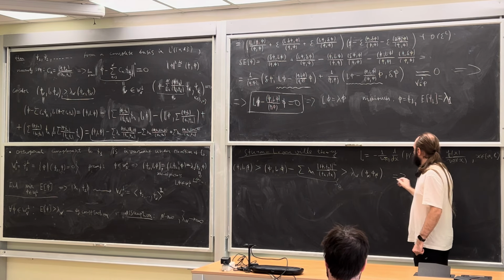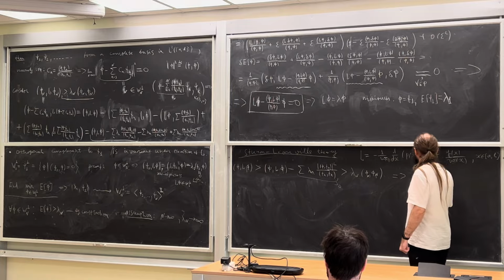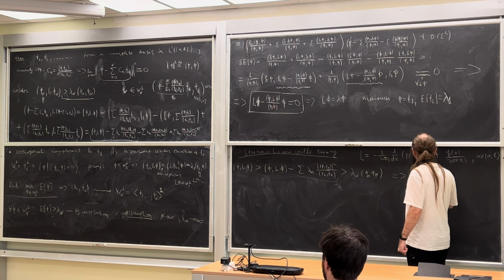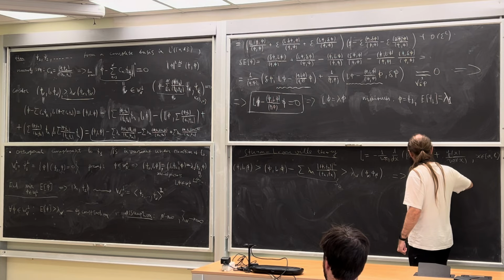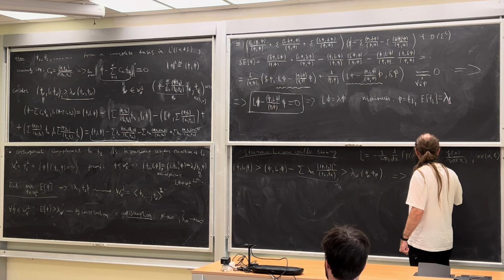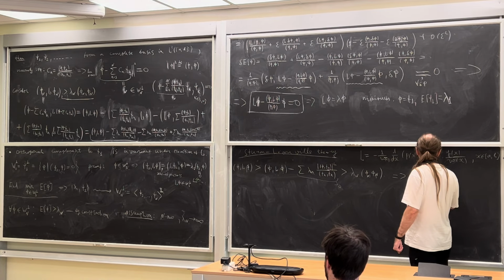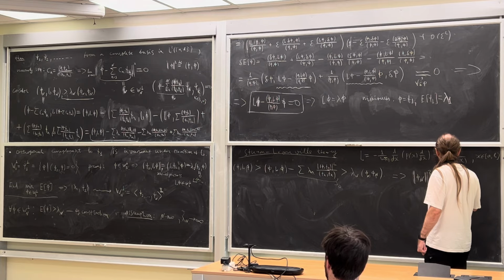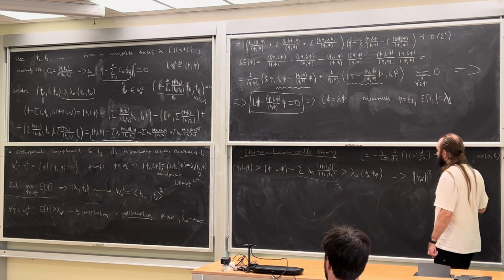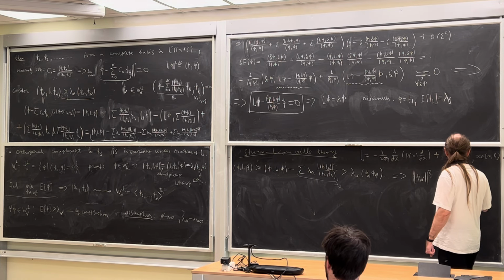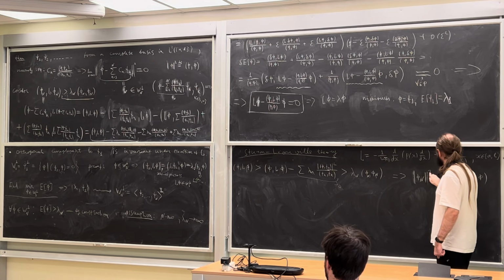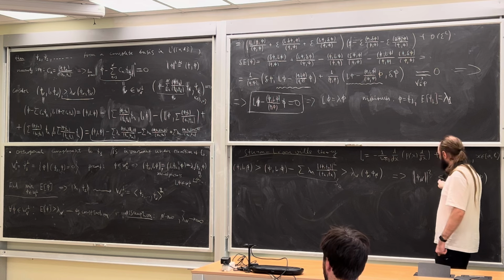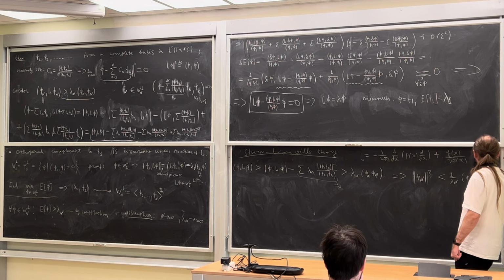This norm is less than 1 over lambda n times phi L phi. And since lambda n goes to infinity, this goes to 0.